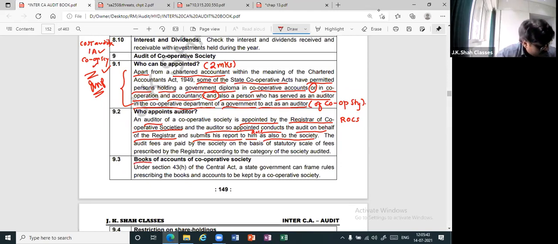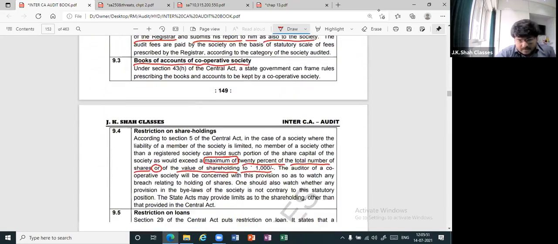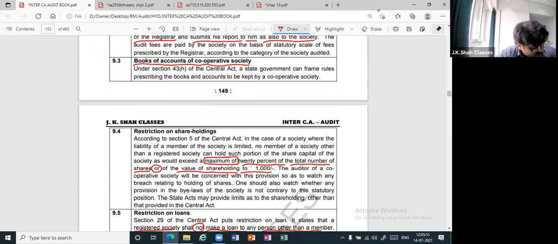Now, obviously they have to maintain books of accounts also. So ultimately, the auditor will check whether, according to the act, the books of accounts are maintained or not. That's it. Then see, restriction on the shareholding. If I'm a member, then I have shareholding, but shareholding is restricted. Restricted to what? See, I've underlined. It is a maximum of 20% of the total number of shares, or the value of the shareholding should be 1000.